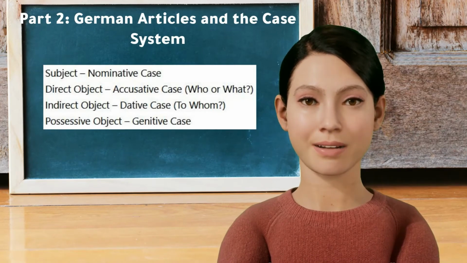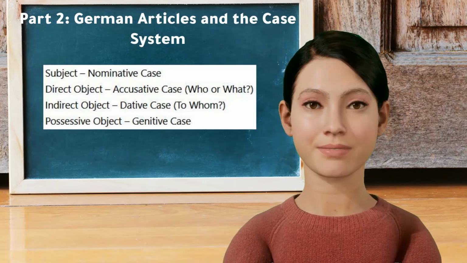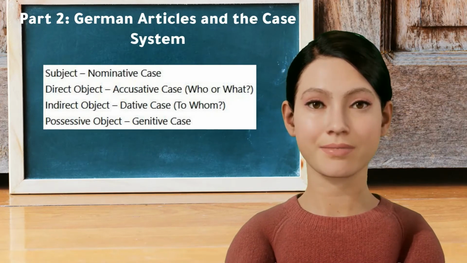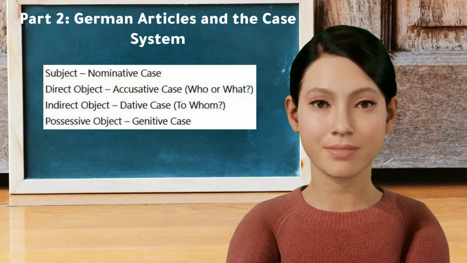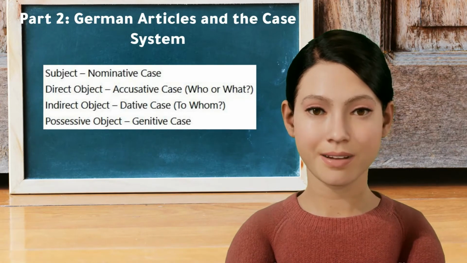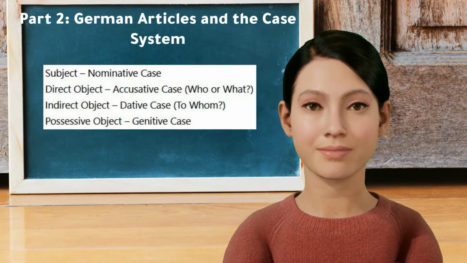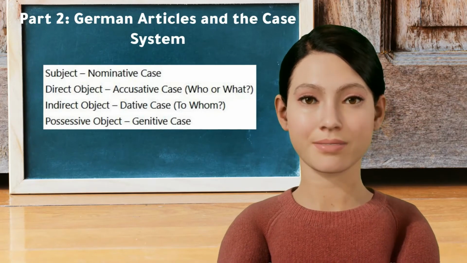A subject takes the nominative case, the direct object takes the accusative case and answers the question who or what. The indirect object takes the dative case and answers the question to whom. The possessive object is in the genitive case.